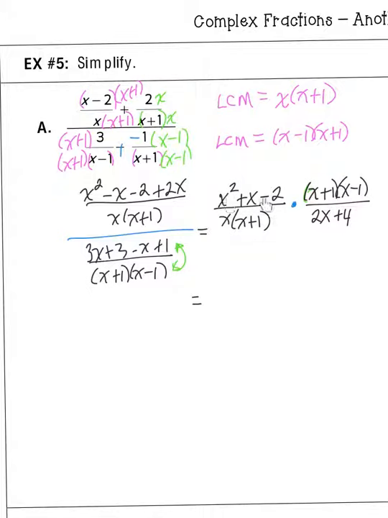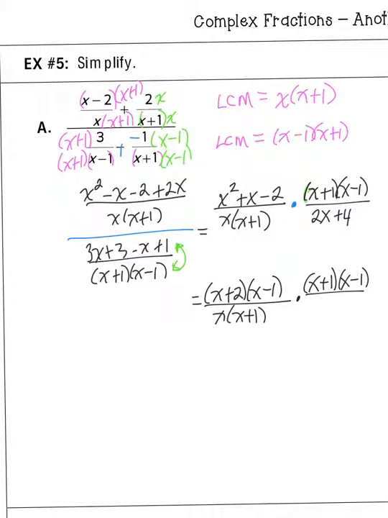So this can factor into x plus 2, x minus 1 over x times x plus 1 times x plus 1, x minus 1 over, and then this can factor into 2 times x plus 2. So now I can cross cancel, so I can cancel an x plus 2 with an x plus 2.